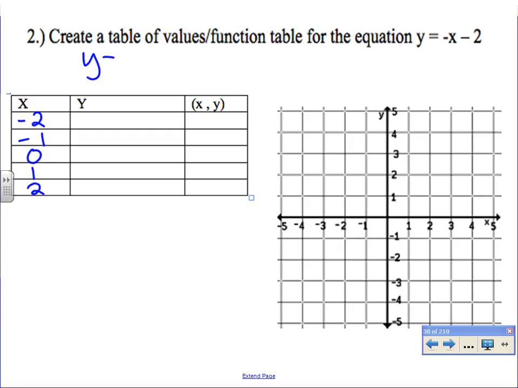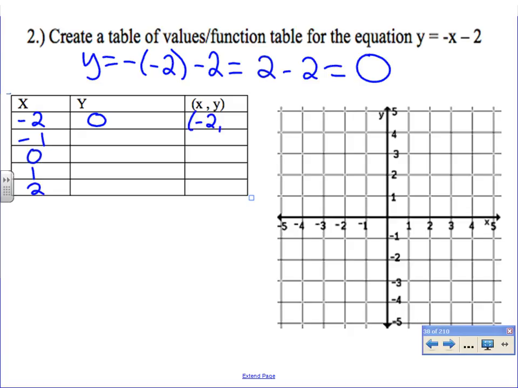So we have y equals -x, which is -2 minus 2. If you're plugging a negative in and it's already negative, you have 2 negatives back to back, it's going to turn to a positive. You remember that from chapter 1? So we have 2 minus 2, which is 0. So your first value is -2, 0.